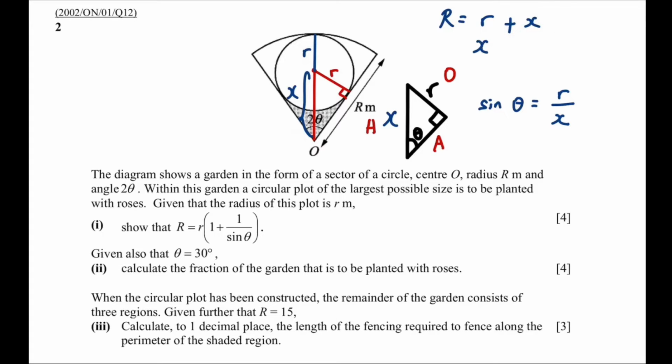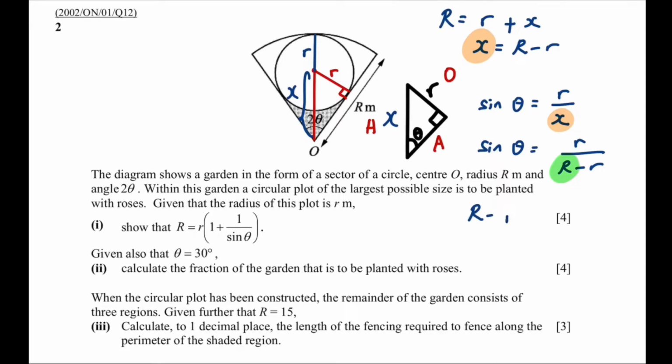So I express x as the subject: capital R minus small letter r. Whenever I see x, I substitute here. So I have sine theta equals r over capital R minus small letter r. Very close to what you want already. Capital R is the subject, so rearrange it. Once you rearrange it, you can swap between these two.